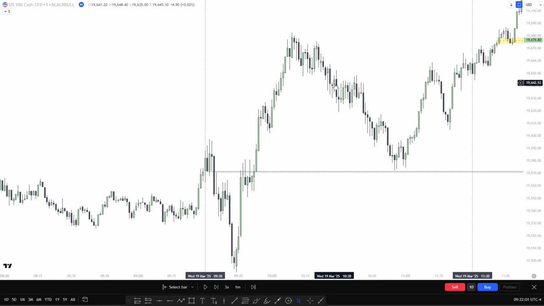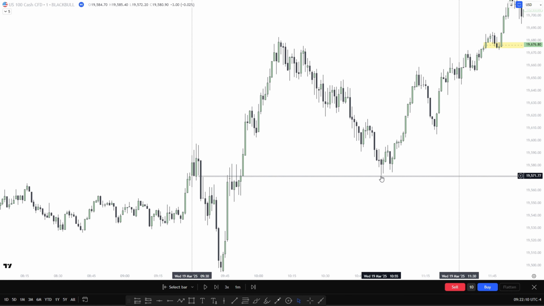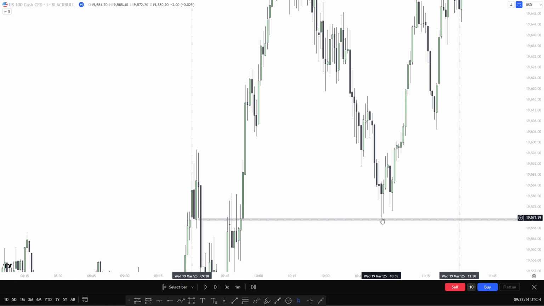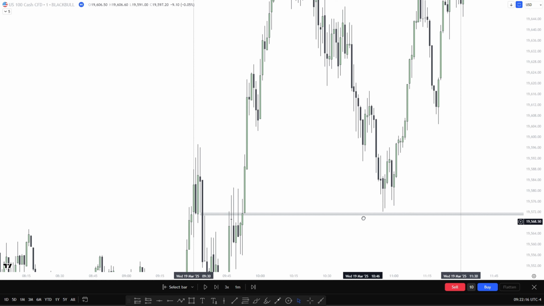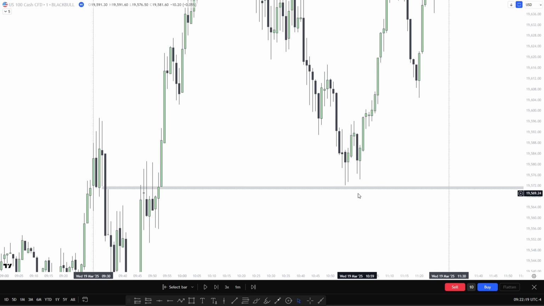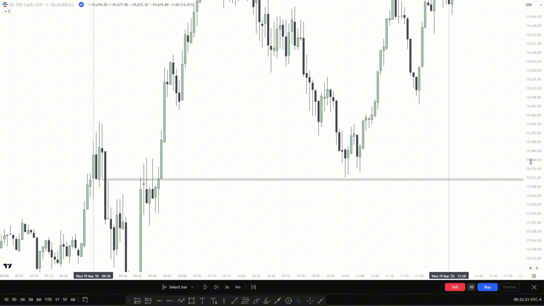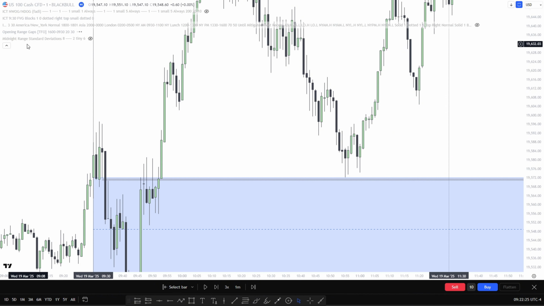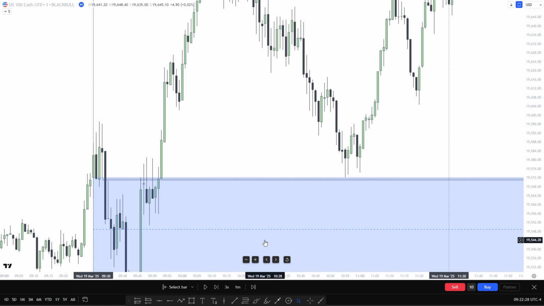So price goes up, then rolls over at 10:30 and starts going down, delivering back to the first presented fair value gap. It stops one tick above it, just a tick above it. But there is something else that it actually touches, and that's the opening range gap. Since the opening range gap is not the main focus of this video, I'll just show you here.